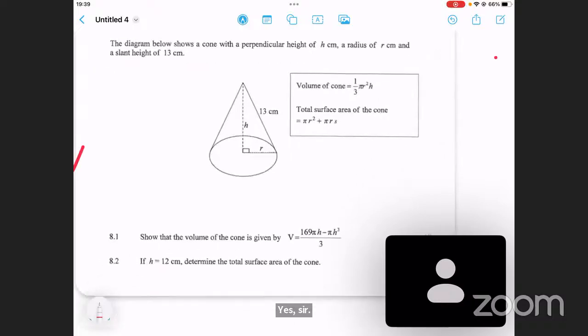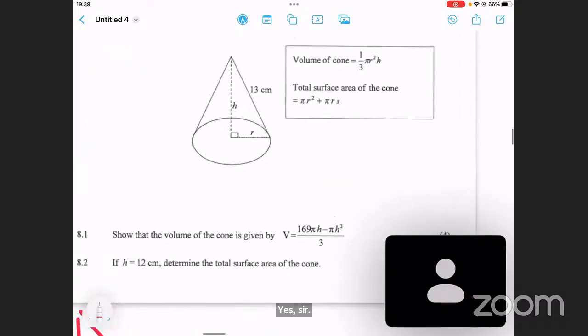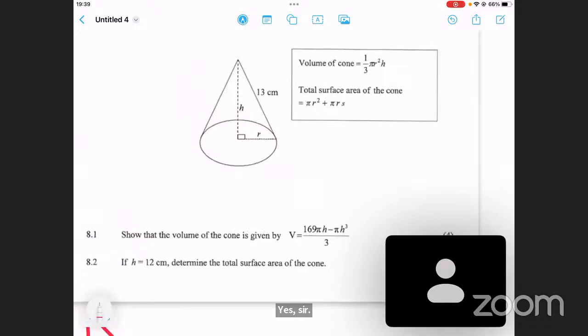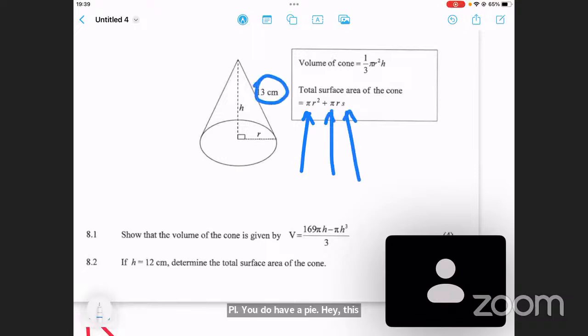So would you guys agree with me that when you have to calculate the surface area, it's an easy one because you do have a pi, and the slanting height is given to you. What you need to worry about is your r.